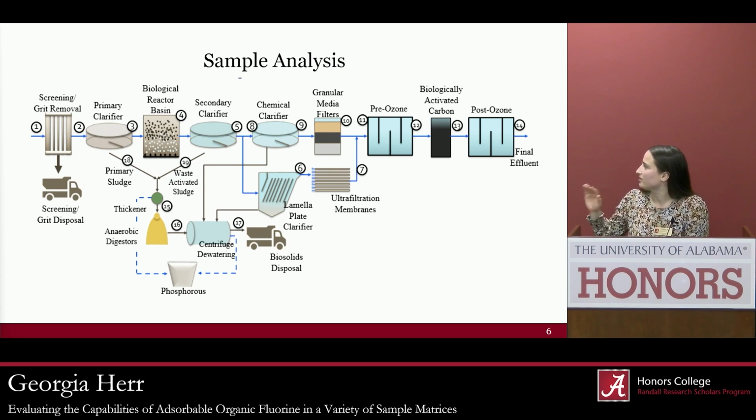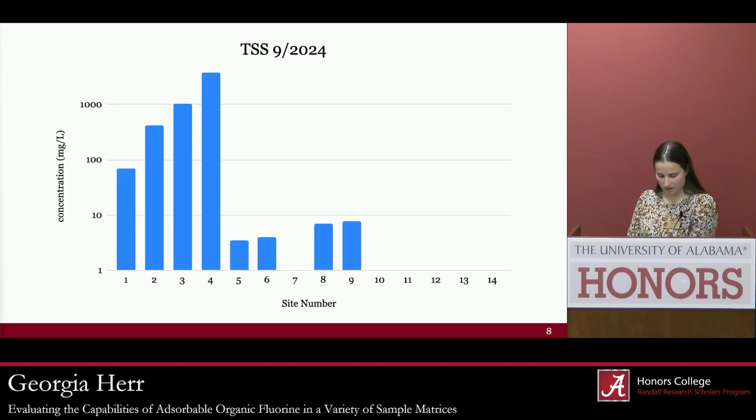And you can see in those first 3 treatment processes, that's just a screening removal and then a settling clarifier, so neither of those really affect the TSS levels, and then it goes through that biological reactor basin that I was mentioning, and by the time it hits the secondary clarifier, which is that site 5, it's able to settle out much more effectively, so we see that big drop.